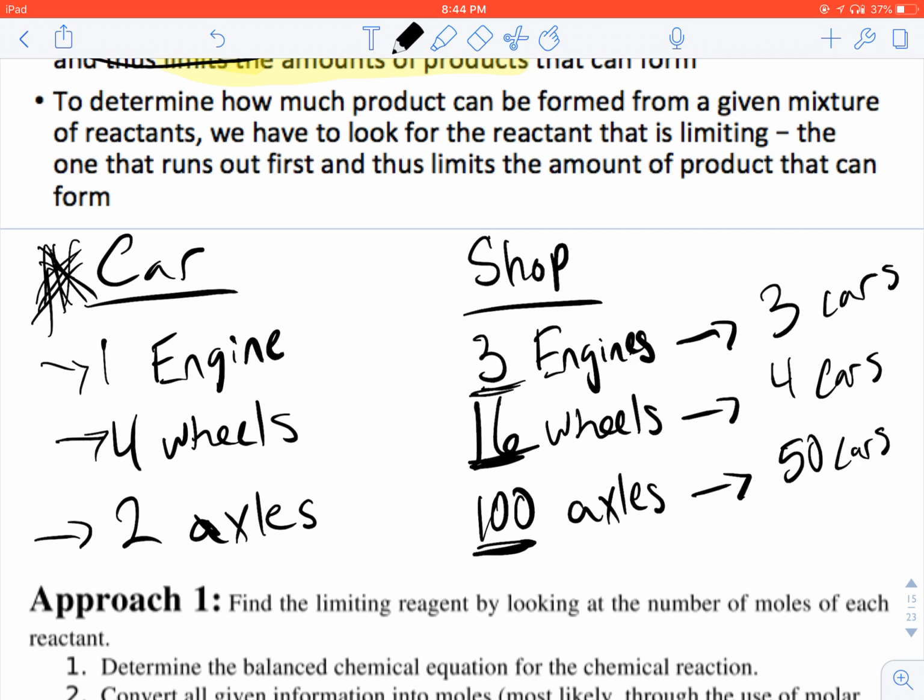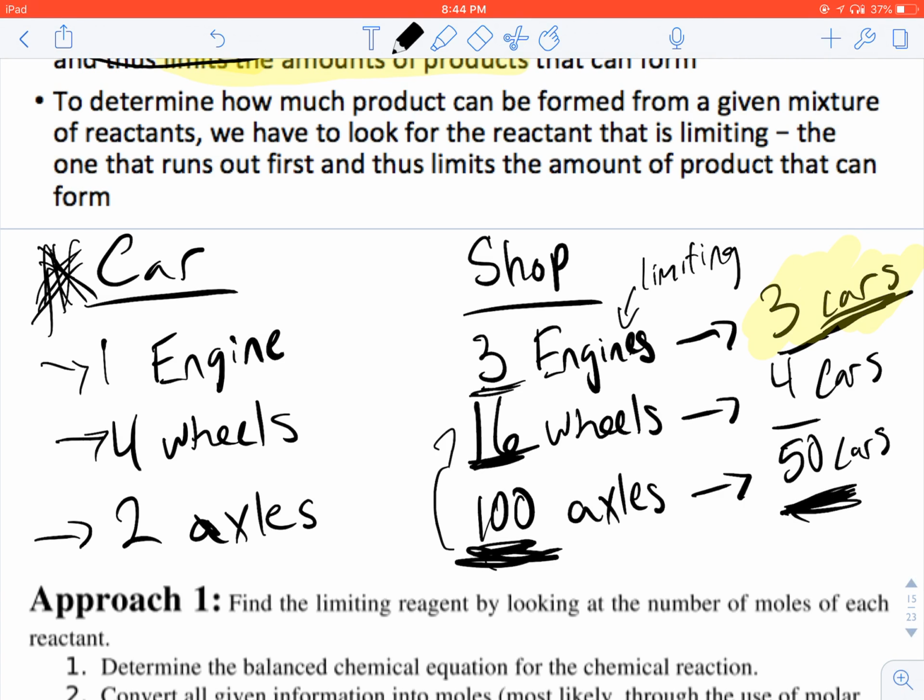Now, let's say your boss comes and says, hey, we have all these materials. How many cars can we make? Are you going to say 50, 4, or 3? Well, you're going to have to say 3, right? 3, because we are limited by the number of engines we have. We could have made 50 whole cars with 100 axles, but we don't have enough of the other components, right?